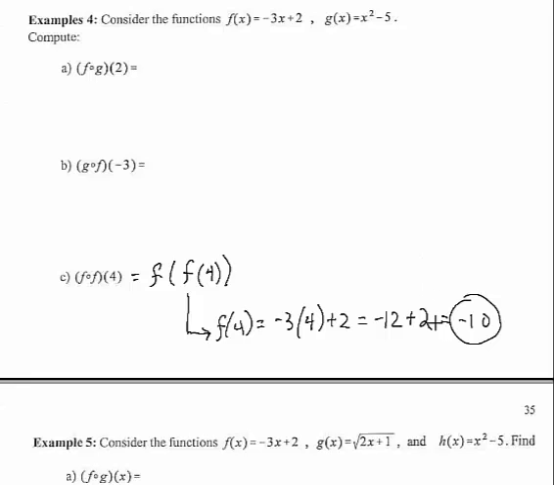Okay, so we take -10, and we replace this f of 4 entirely with -10. And so now we pull our same expression up here, and instead we multiply -3 by -10 and then add 2.